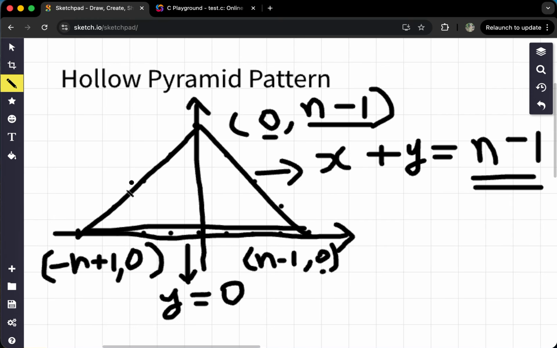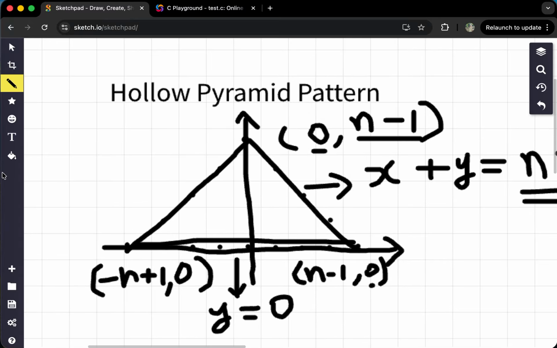So this line is also similar to this, only it is the mirror image of our line in the right side. So here the x coordinates are negative and y coordinates are positive in this line. So the equation for this line would be minus x plus y equal to n minus 1.